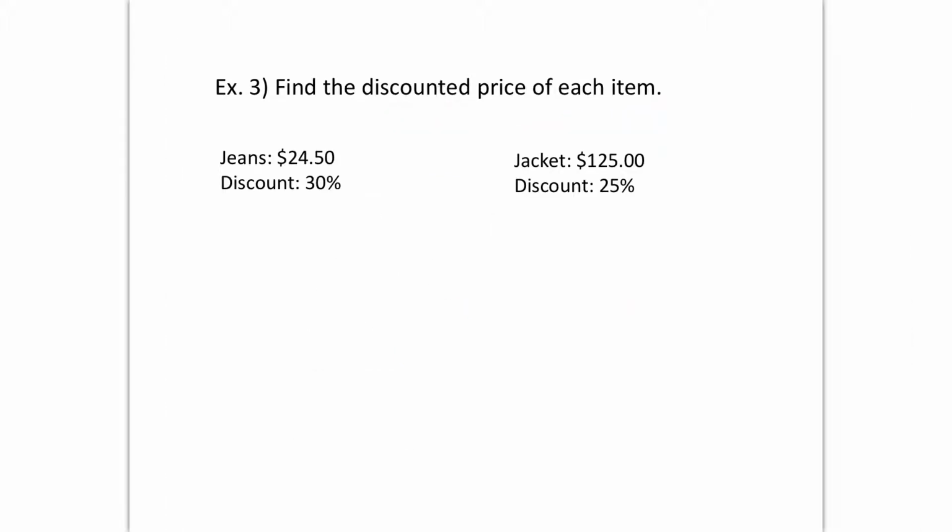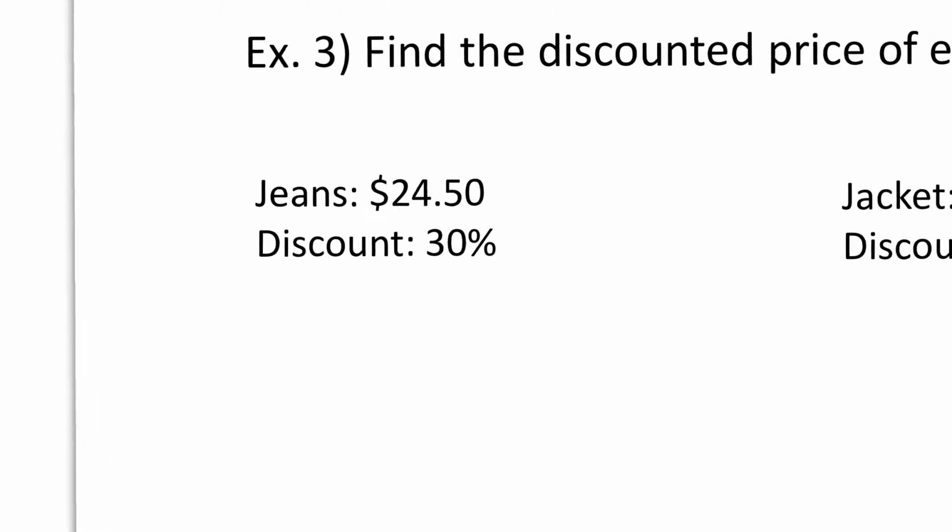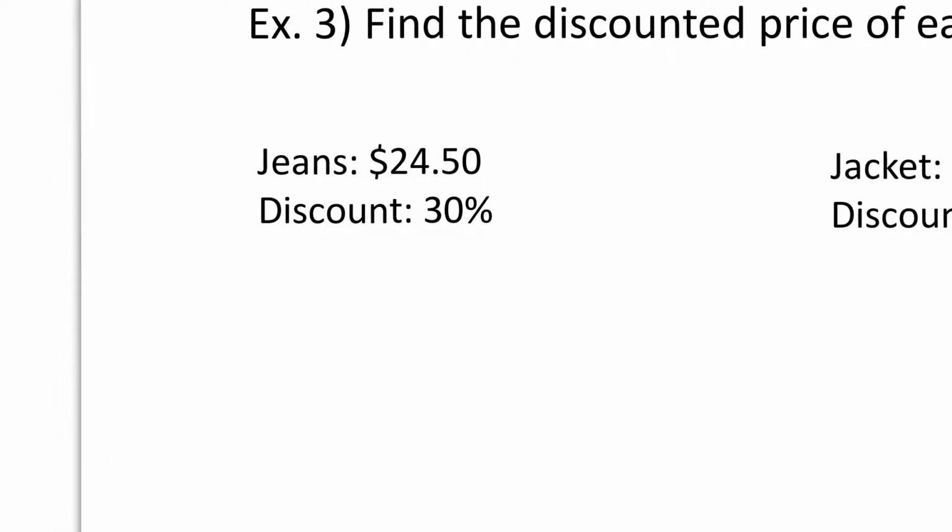Now let's go ahead and look at the discounted price, which is the opposite when you guys add sale tax. So discounted price, let me just go to this one here, is when you have an amount. So a pair of jeans costs $24.50 and it has a 30% discount. So to find out what is the discounted price, I'm going to use the discounted price formula.